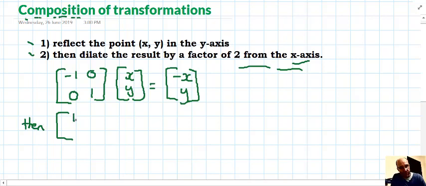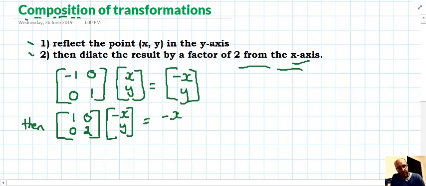And so that would be 1, 0, 0, 2 from our previous work, and we're dilating that previous result, which was negative x, y from just above. And using matrix multiplication, this yields negative x, 2y.